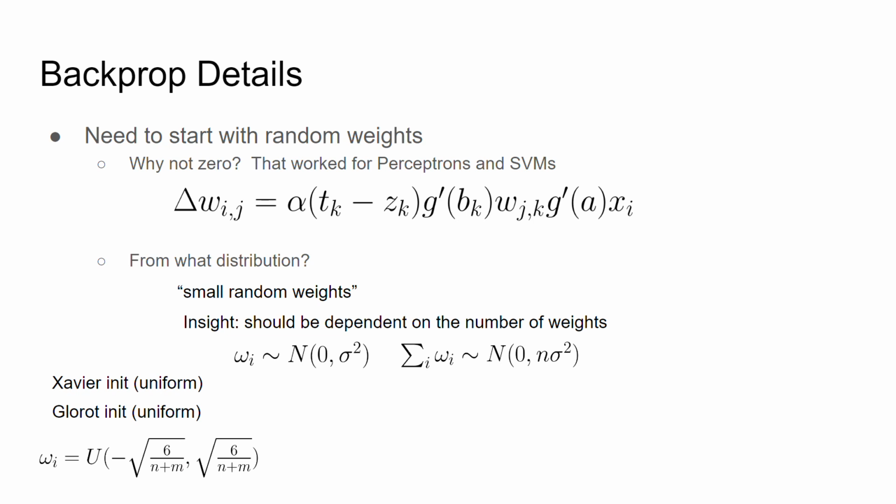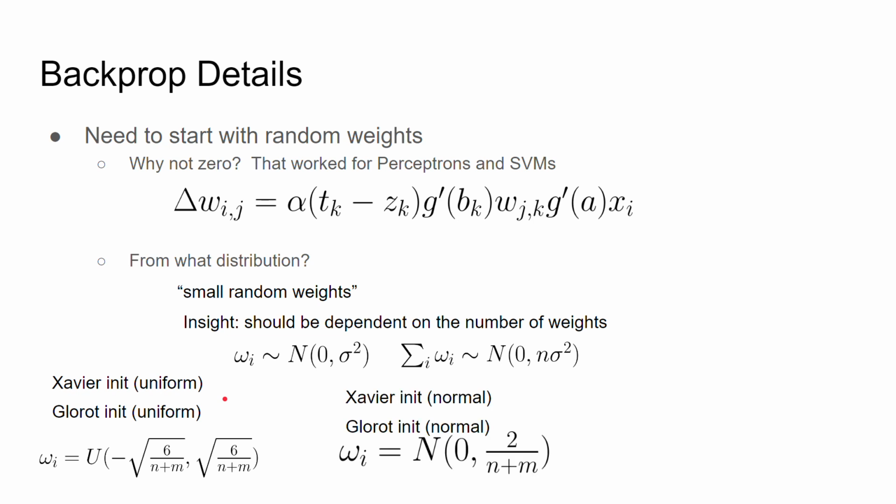And that technique is simply, all right, you can either pick a uniform distribution in this sort of range, where n is, so I'm initializing some particular weights, n is the number of features in the previous layer, m is the number of features in the post layer. So fine, that's an option.